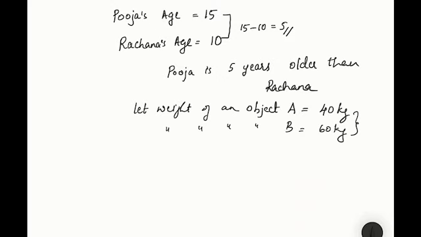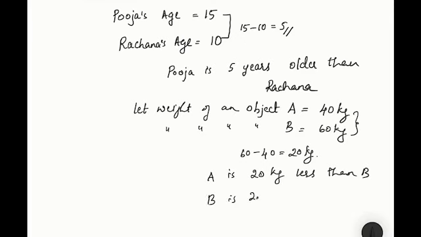I can subtract them. 60 minus 40, that is equal to 20 kg. So I can clearly tell that either weight of A is 20 kg less than B, or weight of B is 20 kg more than A.